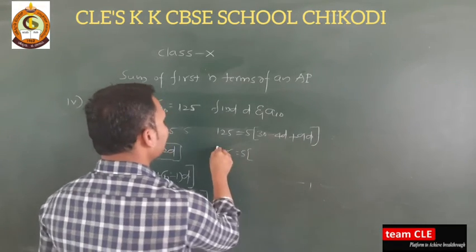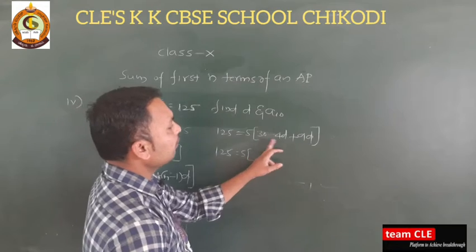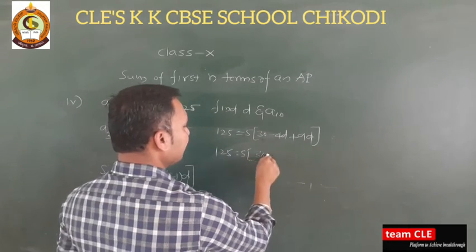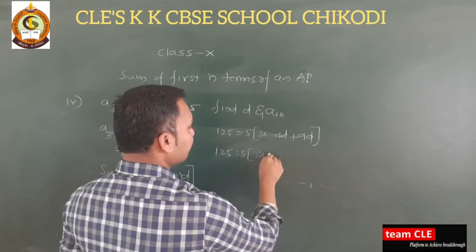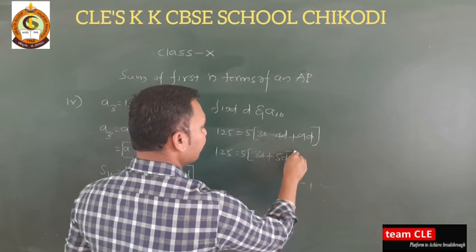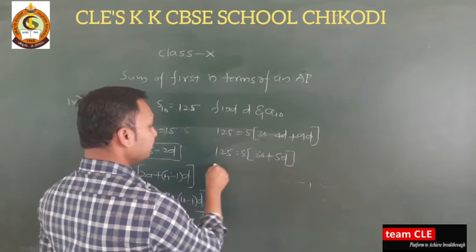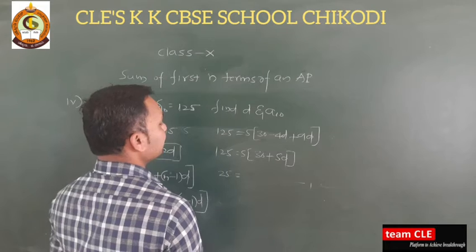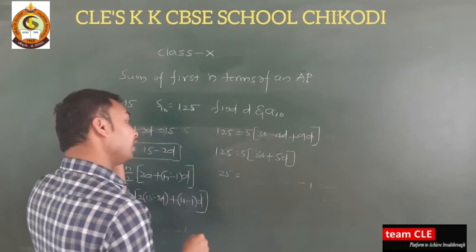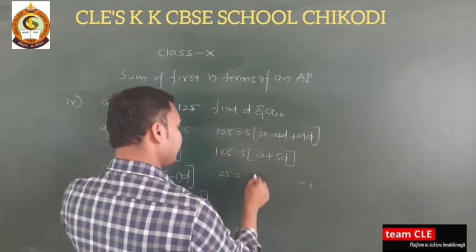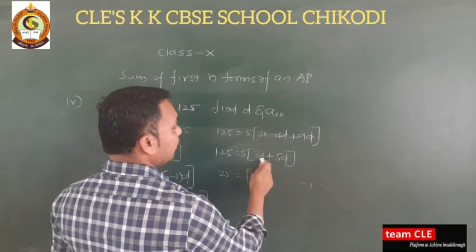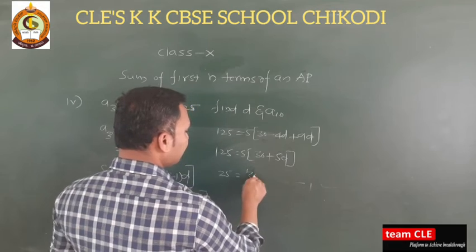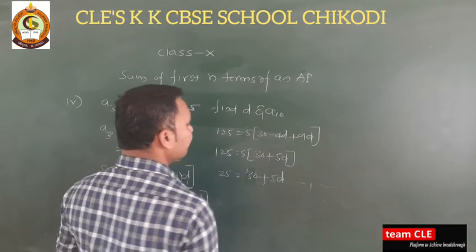Now we have 30, this is minus 4D plus 9D. So this is 30 plus 5D. Okay. Now this 5 will take this side, so it becomes 25 itself, isn't it? 5 2s and 2 remaining 25, correct. Now 30 we have here, I'll write 30 plus 5D remaining.